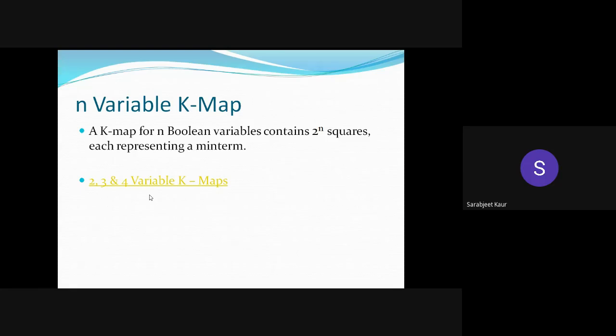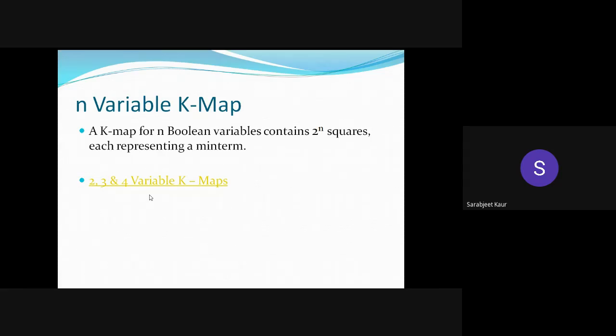Now, please see what is an n variable K-map. As we saw in the last class, a K-map for n Boolean variables contains 2 raised to the power of n squares, each representing a minterm. Initially we are talking about the SOP form.